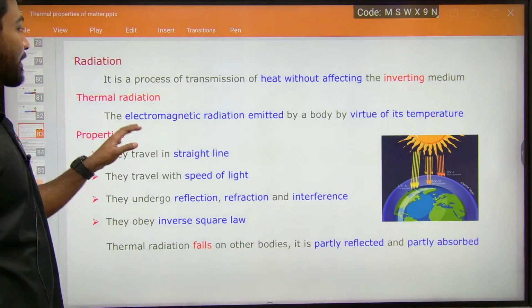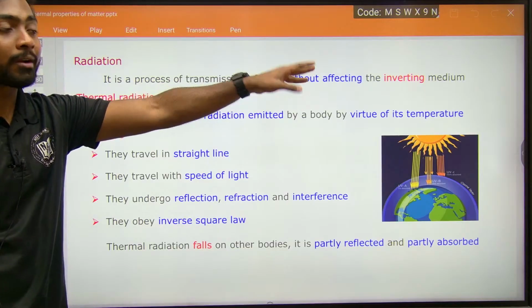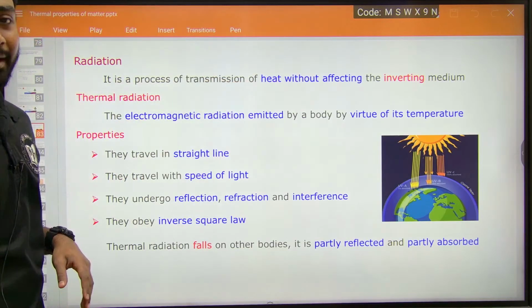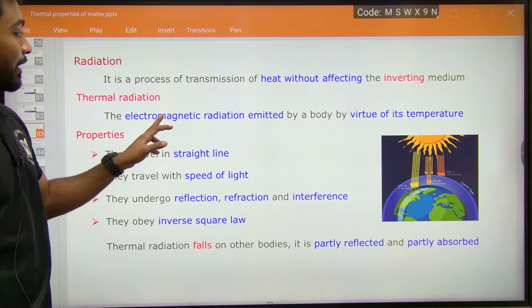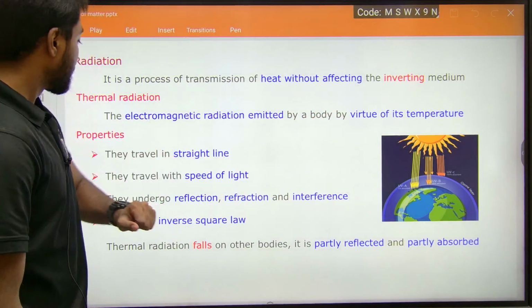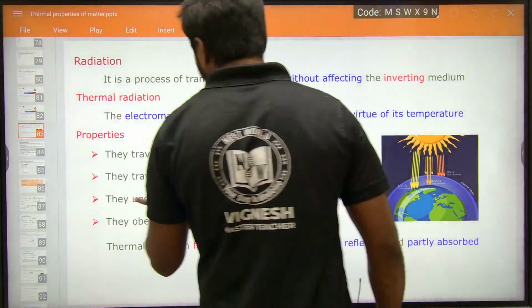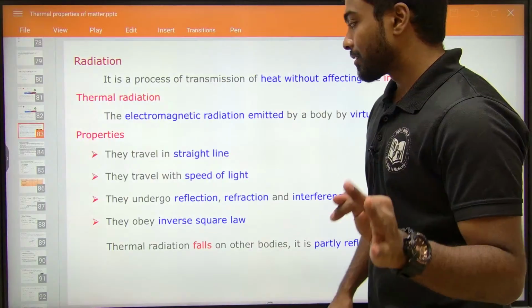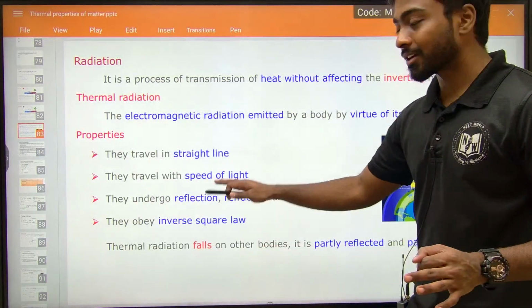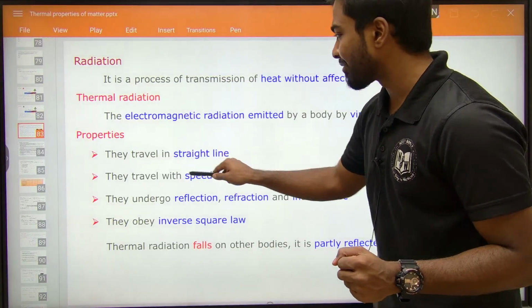Radiation is a process of transmission of heat without affecting the intervening medium. There is no medium between them. Thermal radiation is electromagnetic radiation emitted by a body by virtue of its temperature. Its properties: first, they travel in a straight line. Second, they travel with the speed of light. Third, they undergo reflection, refraction and interference, because we are talking about a straight line and light.